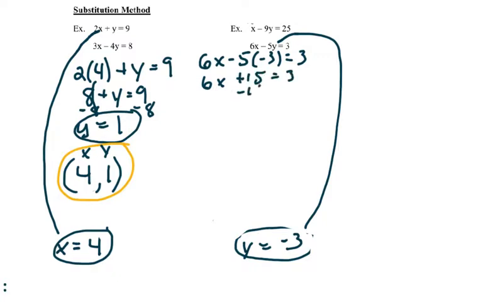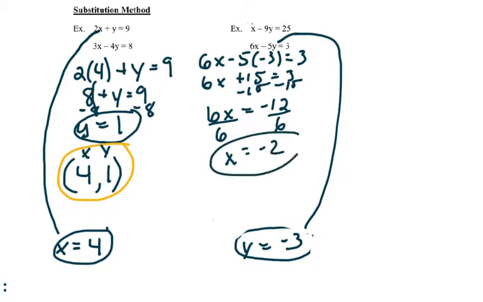I'm going to subtract my 15 from both sides. 6x equals -12 and divide by 6. x is going to equal -2. There's my other answer. I now know my x. I now know my y. I can go ahead and write a solution for this. These two cross at (-2, -3).